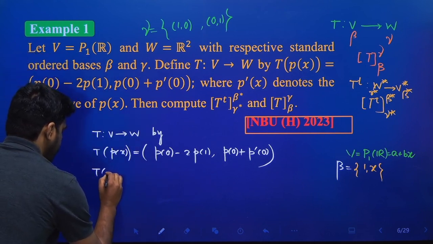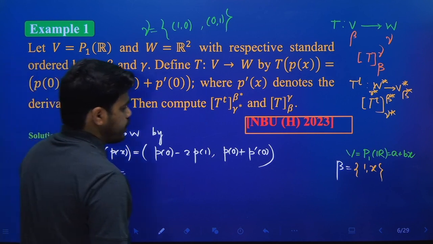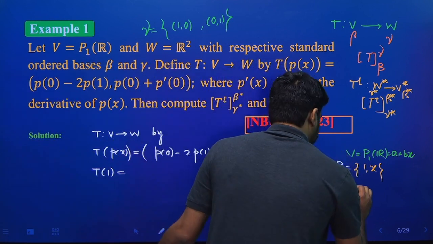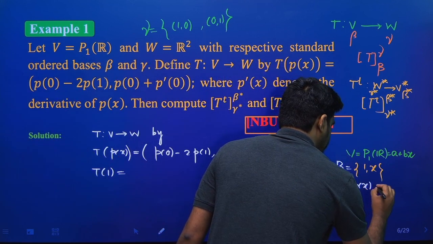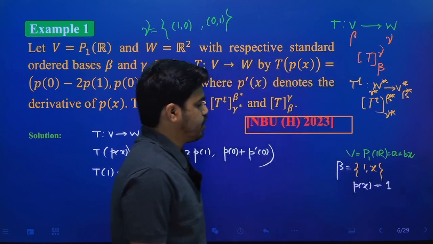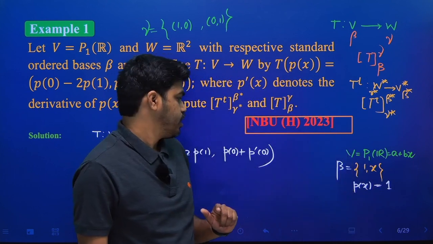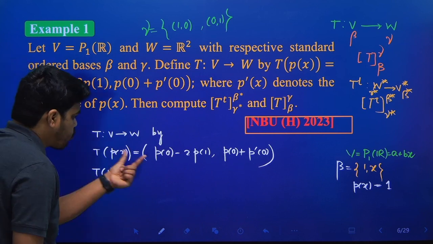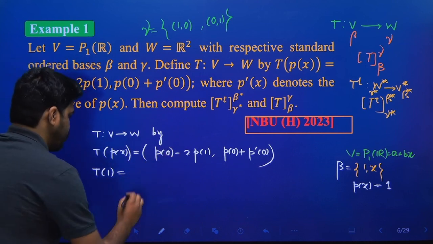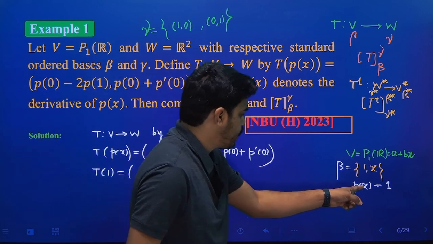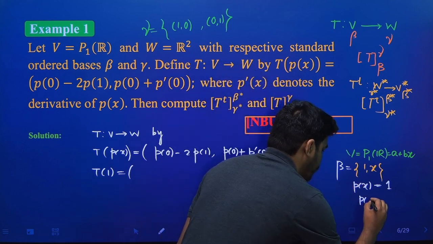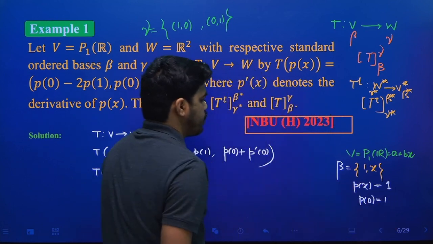T(1), that means here we consider p(x) is 1, that is a constant polynomial. Okay, so how to define (p(0) minus 2p(1), p(0) plus p'(0))? Just see, p(x), x is equal to 0 put koro, p(0) is 1, right?